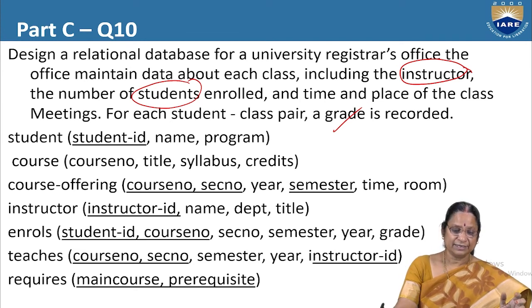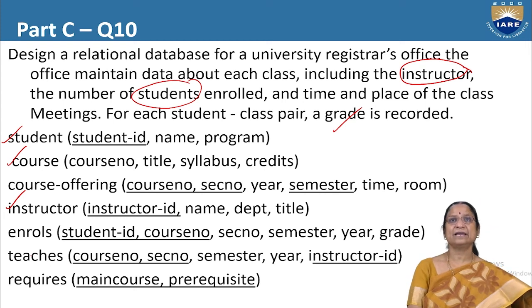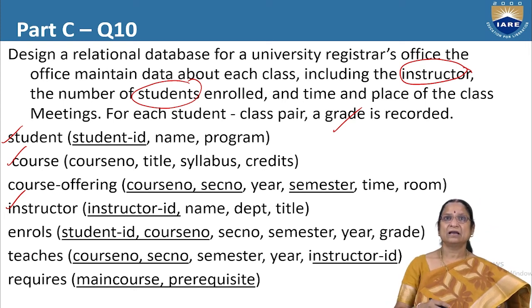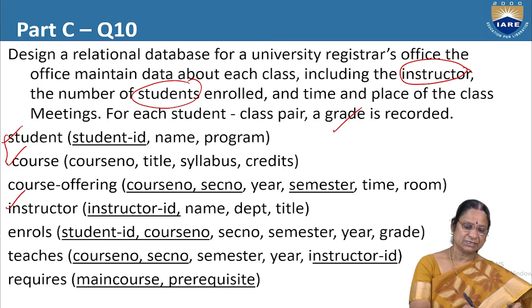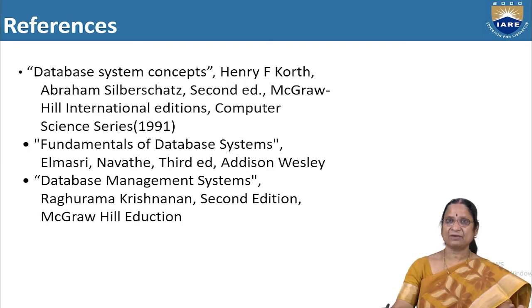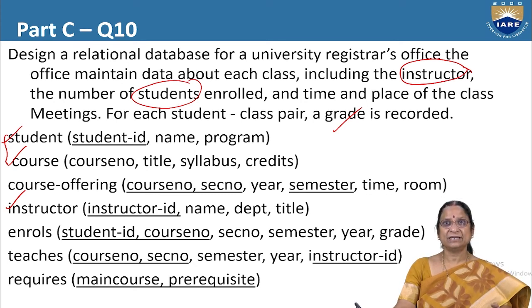So what are the entity sets we are going to have? Student, course, instructor. These are the entity sets, and the others are relationships connecting these entity sets. Student enrolls for course is a many-to-many relationship, so a new table was created for that.